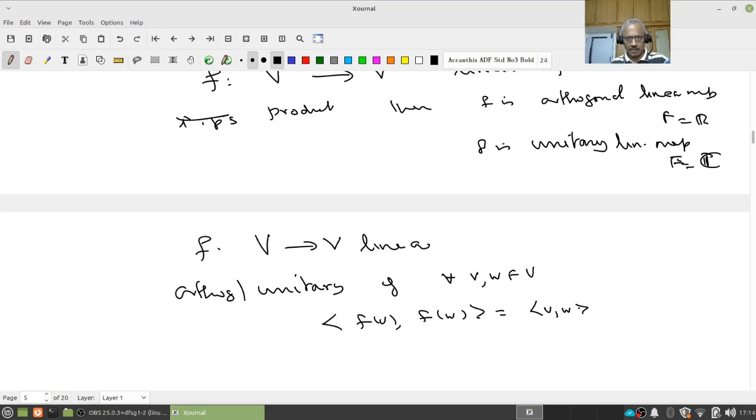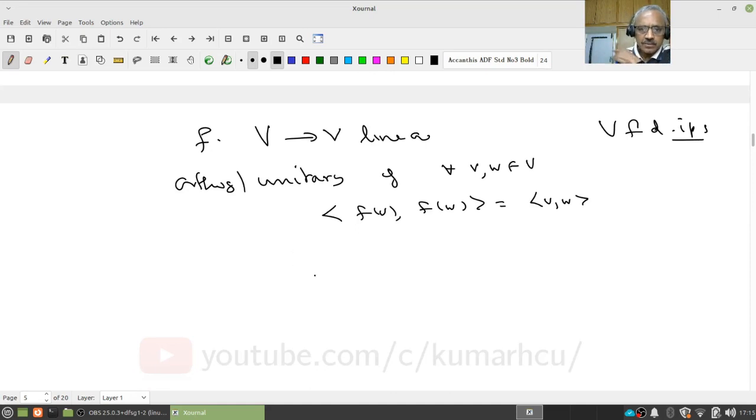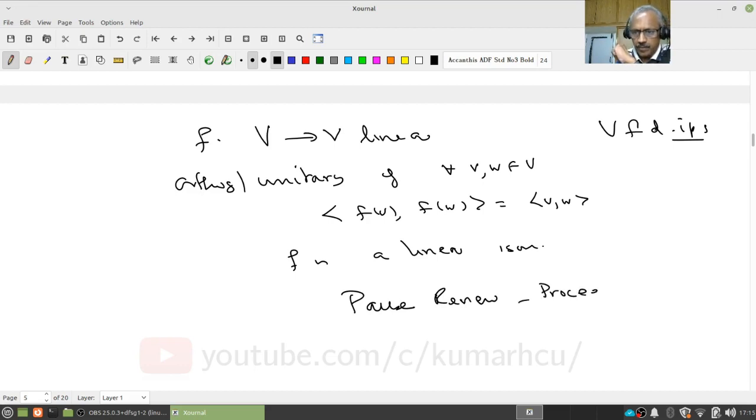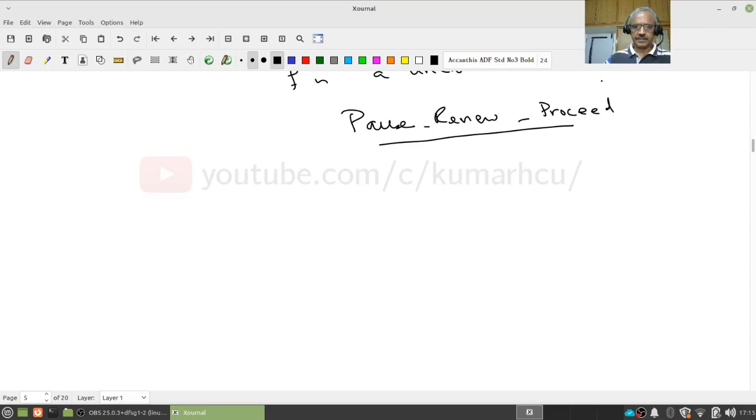Now again notice that we are assuming V is now a finite dimensional inner product space. Therefore, this shows that f is a linear isomorphism, as we saw earlier, right? Pause, review, and proceed.